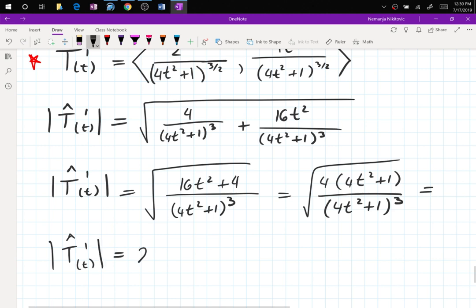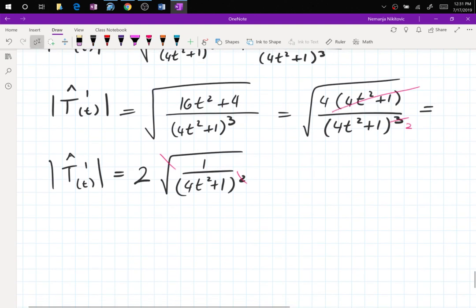Because the 4 jumps out in front as a 2, and then this one cancels with one of these, so you have the square root of 1 over (4t squared plus 1) everything squared. Well, now the square root kills the square, and the T hat prime magnitude simplifies nicely to 2 over 4t squared plus 1.